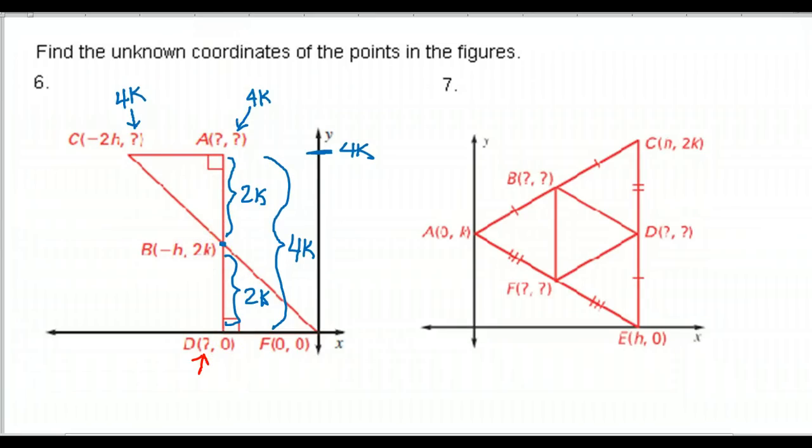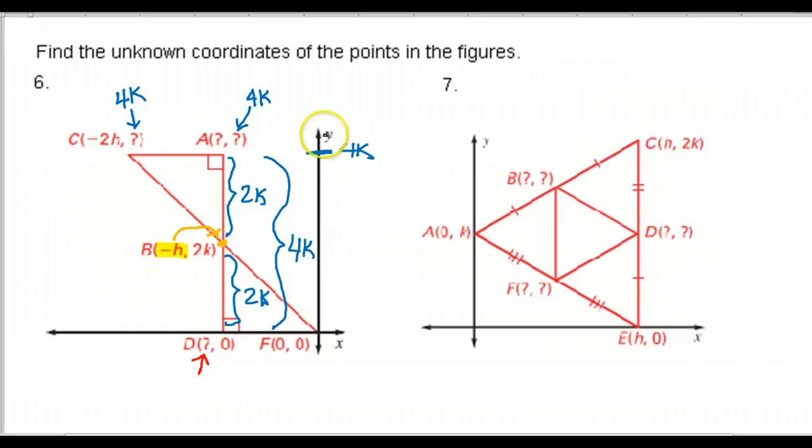Okay, now we're talking about x value. So the one x value I have right here is this negative h. Negative h is the x value of this point right here, that I'm just coloring in orange. That's the x value of that point.